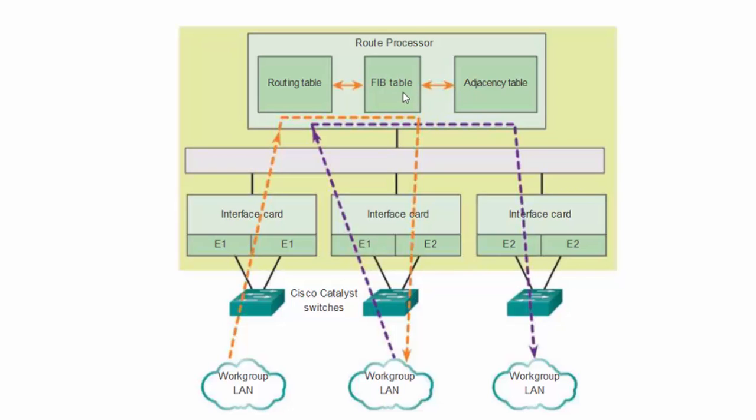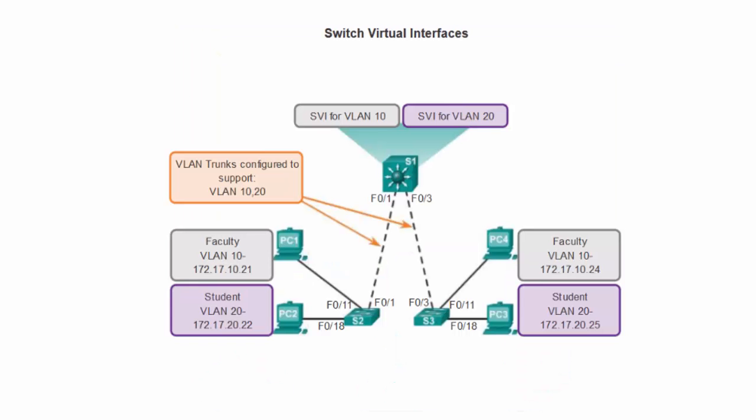So the layer 3 switch can switch between those two tables and use either the IP address or the physical address for switching as appropriate. If it finds the physical address in the adjacency table, it uses that for fast switching, and if it does not find the physical address inside the adjacency table, it uses the IP address from the forwarding information base table for forwarding. This way you can save time on learning the physical addresses.